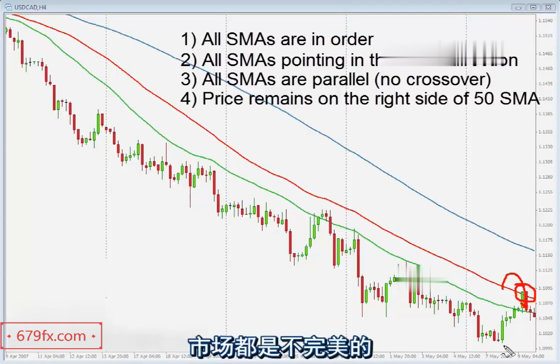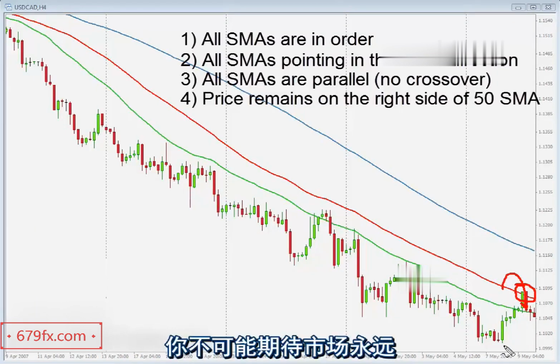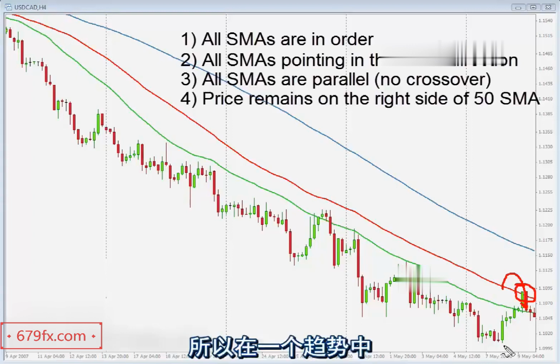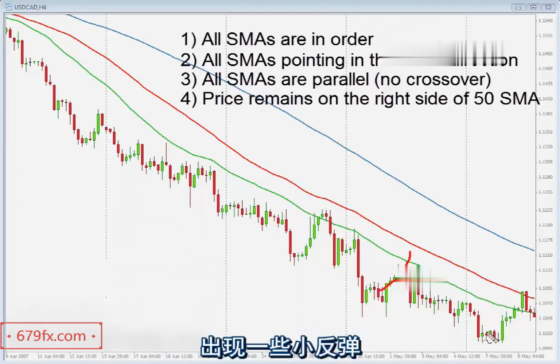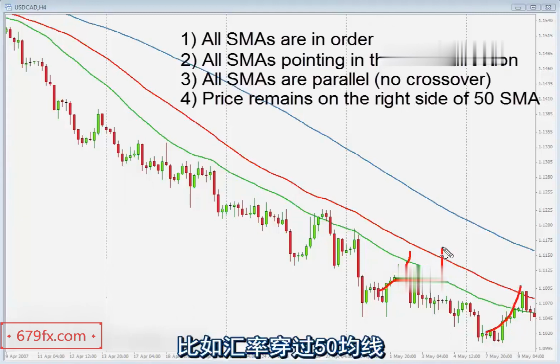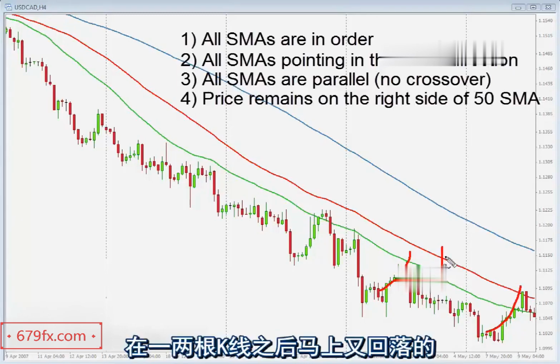At the end of the day, the markets are not perfect, okay? You cannot expect price to behave the way we like it to behave all the time. So in a trend, sometimes on a pullback, we might see price breaching above the 50 for just 1-2 bars, and immediately after diving back down.